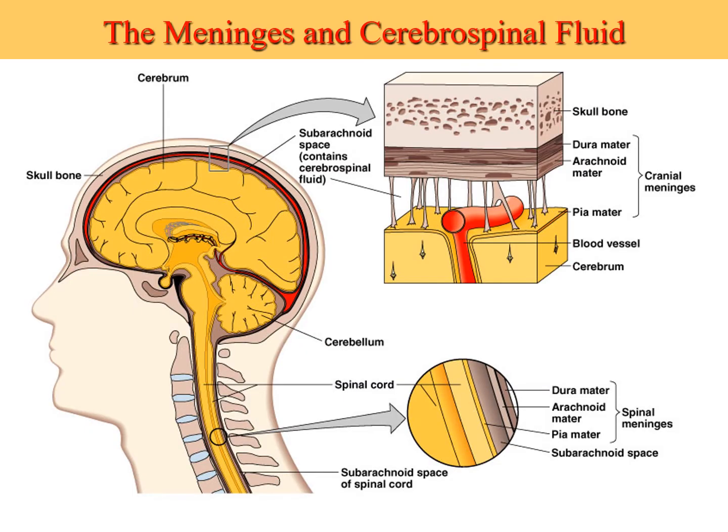So here you see a diagram just to remind you of the structure of the meninges and cerebrospinal fluid within that space around the central nervous system. Around the brain is of course the skull bone, and then three layers: the dura mater, arachnoid mater, and pia mater.